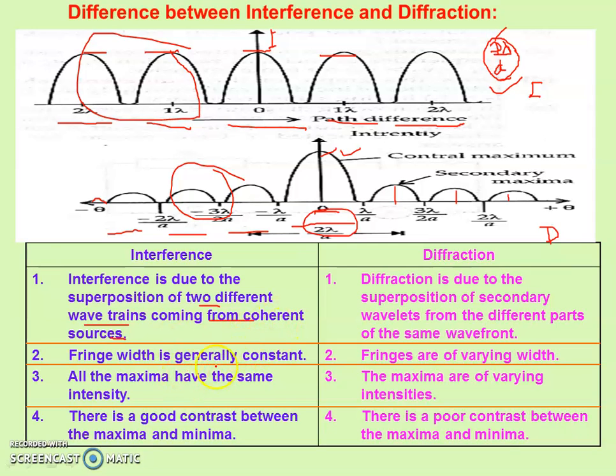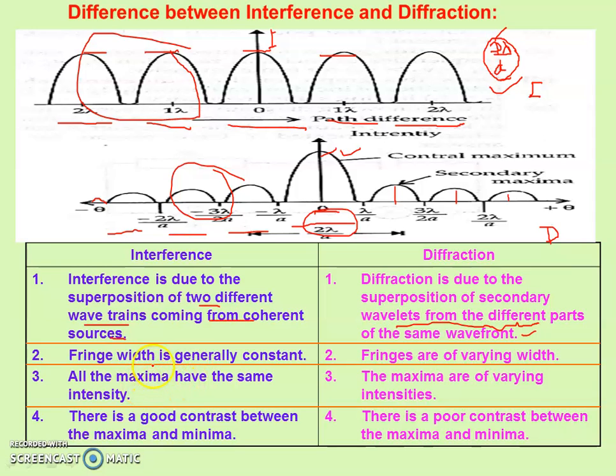In diffraction, the pattern is due to superposition of secondary wavelets from different parts of the same wavefront, right? It means the particles of the same wavefront act as the source, and due to superposition of these wavelets, we get the diffraction pattern, right?